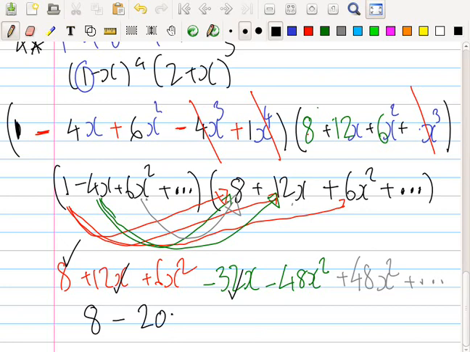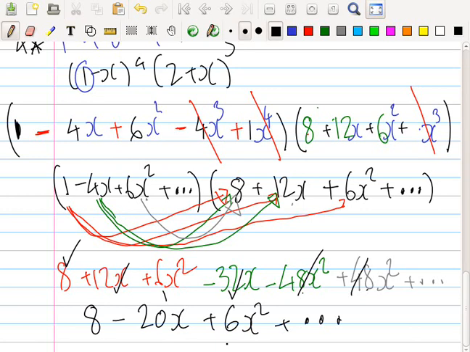Then minus 48x squared plus 48x squared, 0. They cancel. And then plus 6x squared plus 6x squared plus blah blah blah. So that is the answer. That is the first three terms.